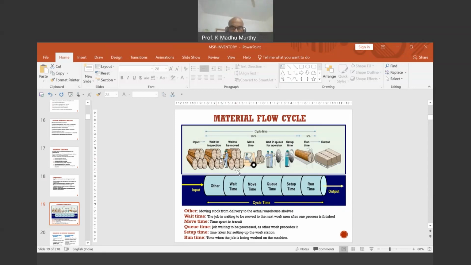So all this depends on what we do. The waiting time, the job is waiting to be moved. Everything is explained with respect to the time and material flow. Have a keen observation of this from the input to the output side based on the cycle of operations that we have.